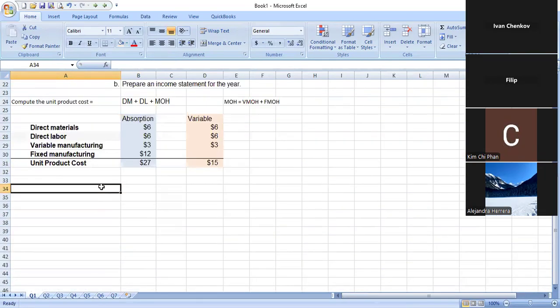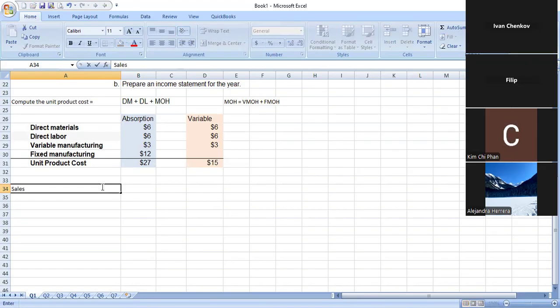So which element does every income statement start with? Obviously, the name of the company. Don't forget, every statement starts with the name of the company. Second is the name of the statement. Third, we prepare an income statement for a period of time. What's the period of time? After that, we start with sales.